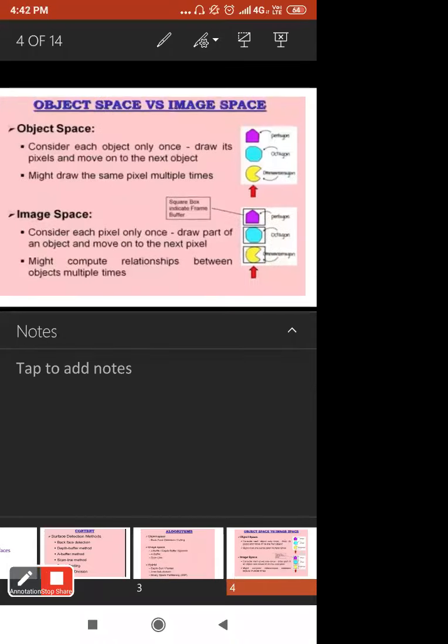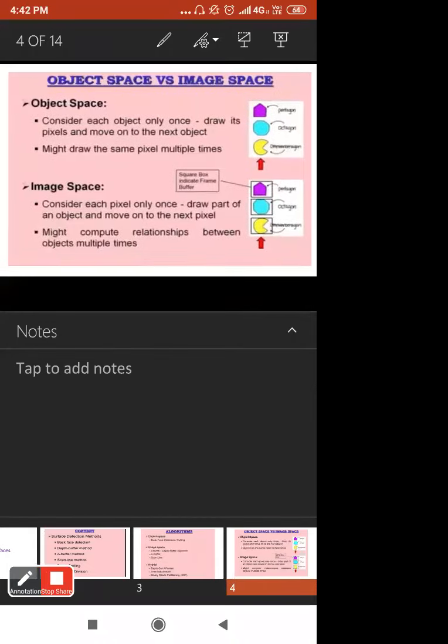The object space and image space are further explained here, meaning what we consider in object space and in image space while considering these backface removal algorithms.